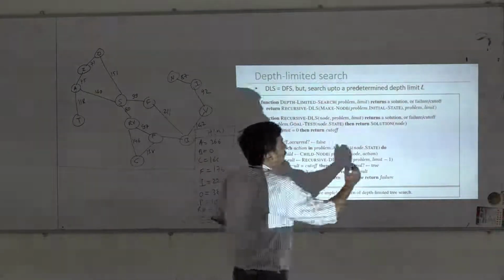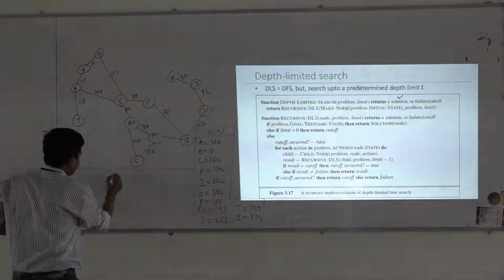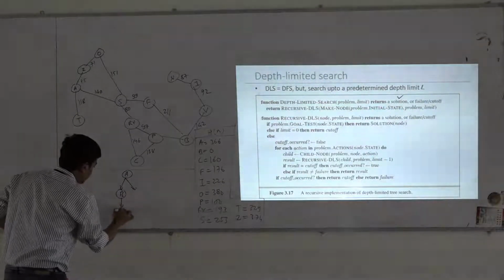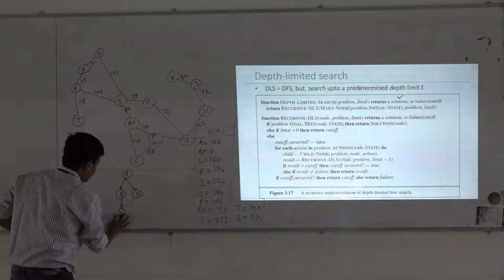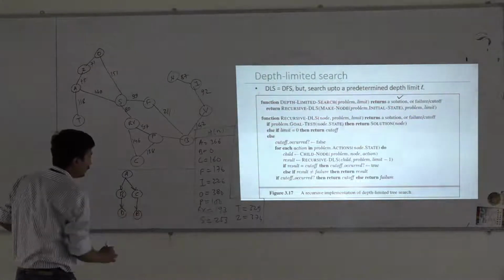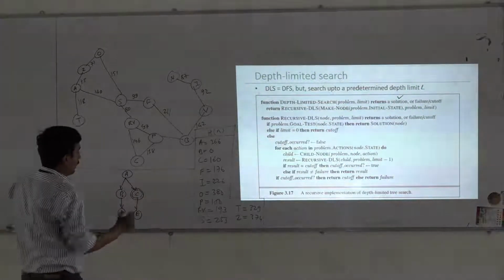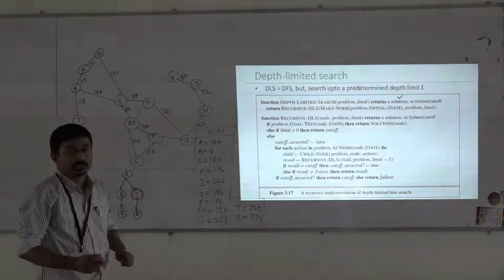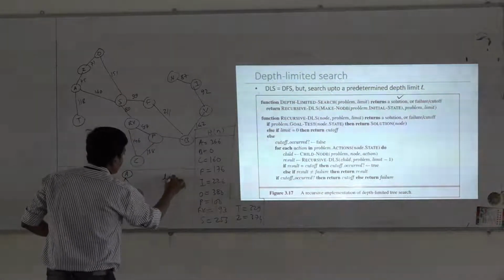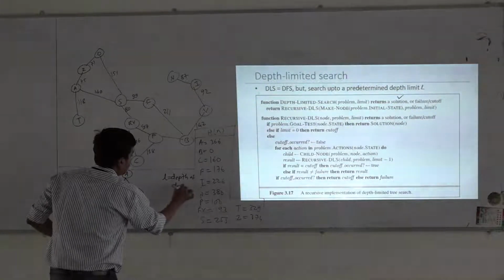Let us consider the first case. For that, consider this tree, and consider C is our goal. When you want to search the entire tree, you have to set the L value equal to the depth of the deepest node.